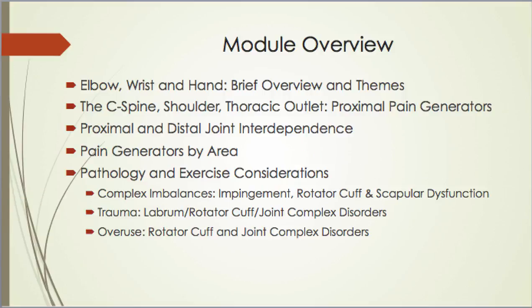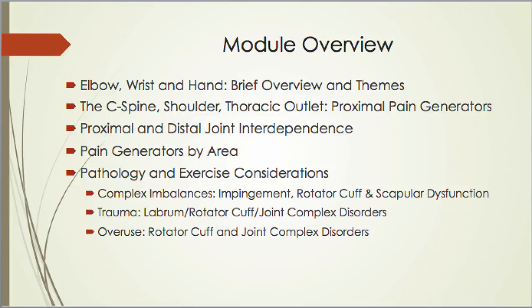So, modular overview, we're going to look at the overall issues with each area and the themes of those. We'll look at proximal pain generators, joint interdependence, pain generators by area. In other words, those are obviously going to be different depending on if the elbow pain is lateral or medial, for example.